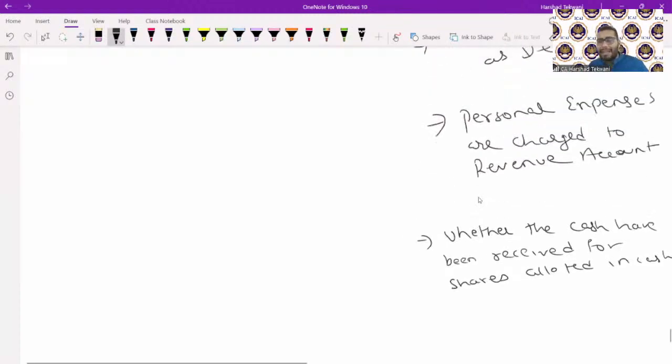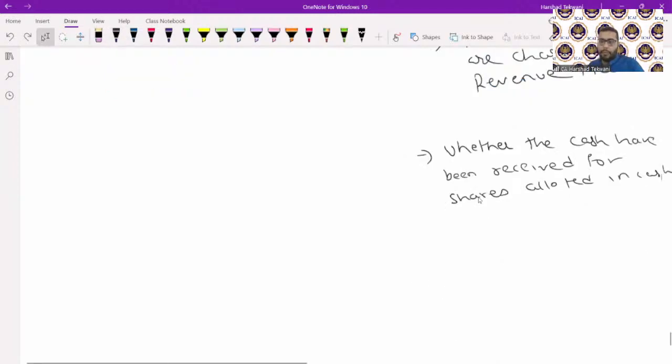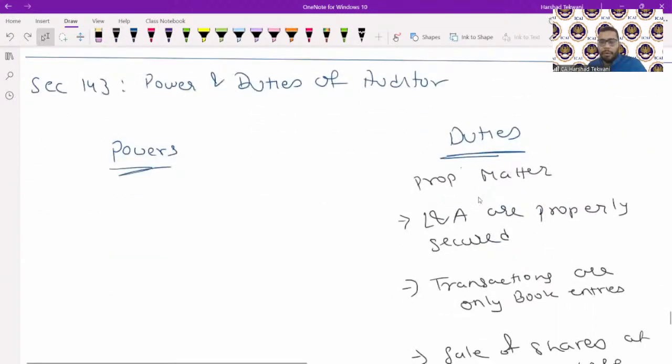So these are some matters covered under the duties as the proprietary matters, and these matters are covered under section 143(1).